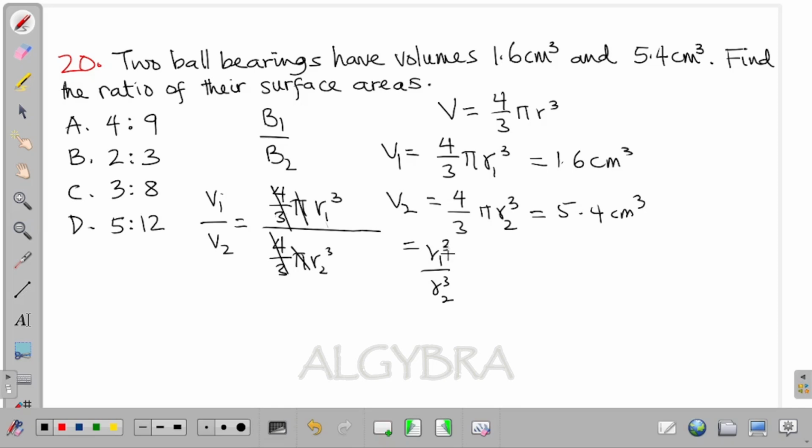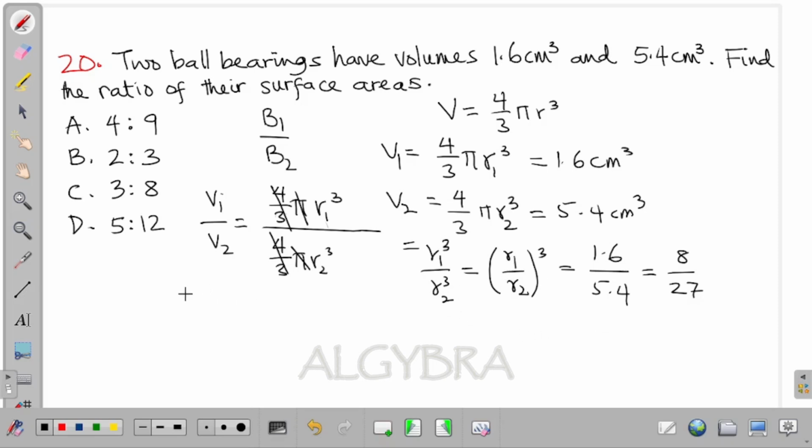Now V1 is 1.6 and V2 is 5.4, and after solving this, we have (r1/r2) cubed equal to 8/27.